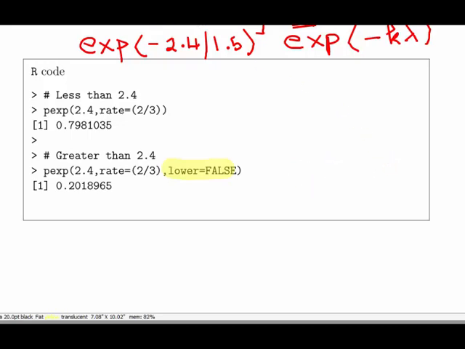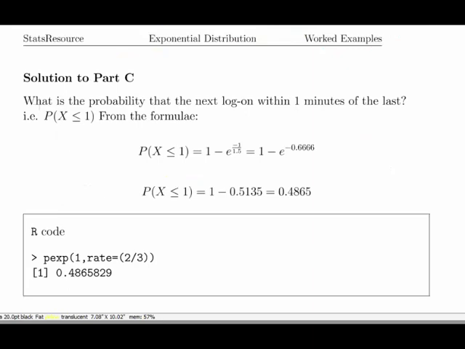Now part C. What is the probability that the next logon will be within 1 minute of the last? The probability of x less than or equal to 1. From the formula sheet, that is 1 minus e to the minus k divided by mu.